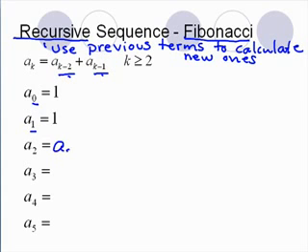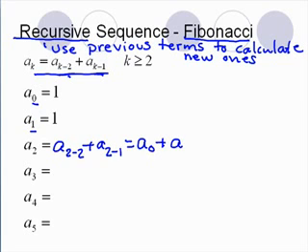Using the formula up here, a sub 2 minus 2 plus a sub 2 minus 1, which is a sub 0 plus a sub 1, which is 1 plus 1. So our term a2 is 2.